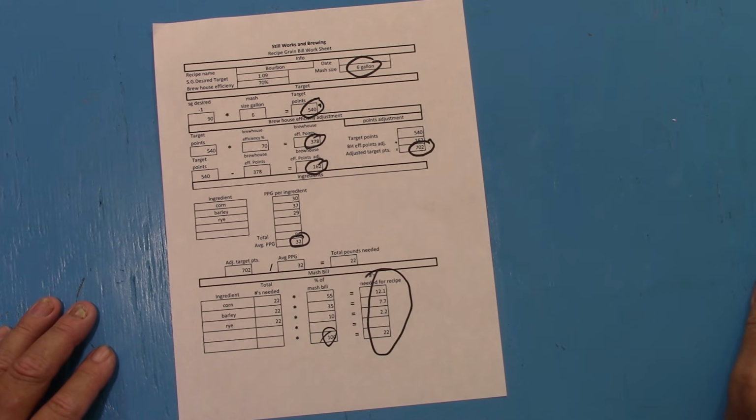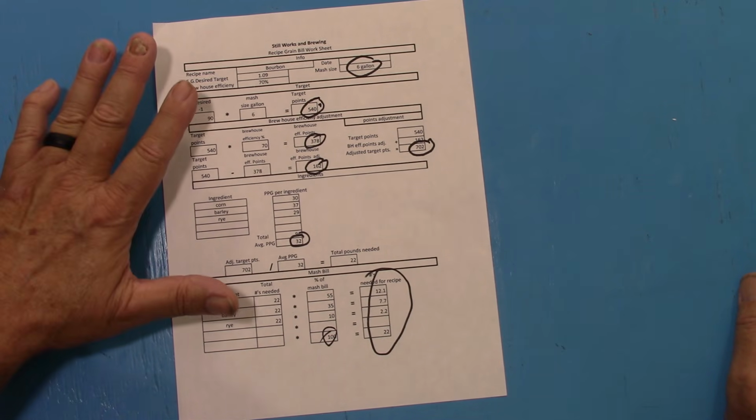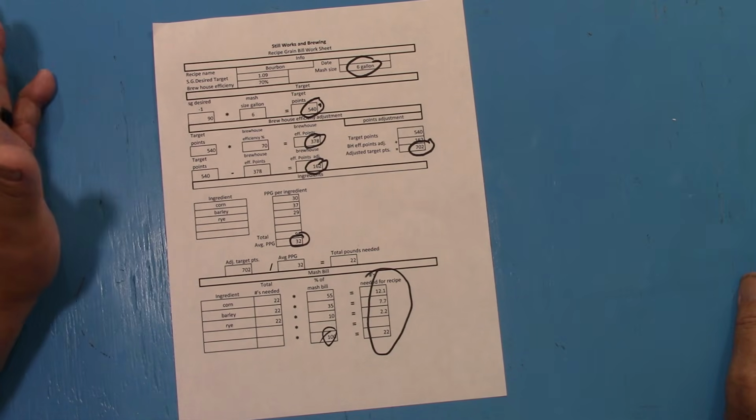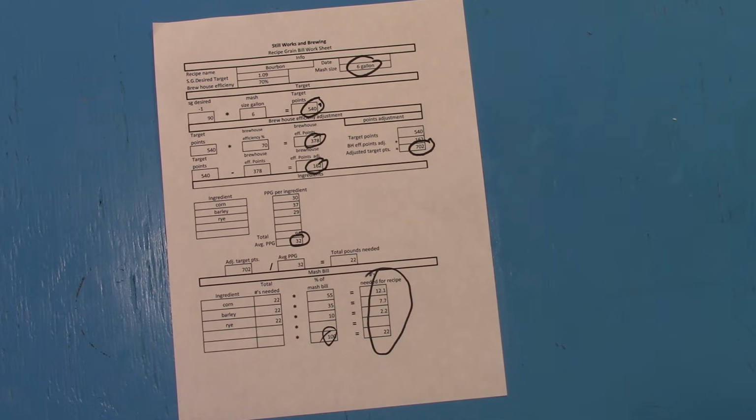All right, and you should be relatively close, and then you might have to do some adjusting. Maybe your brew house efficiency is a little better or a little bit worse, but it's going to get you close into the ballpark. Like I said, that will get you close. It does a fairly close job.